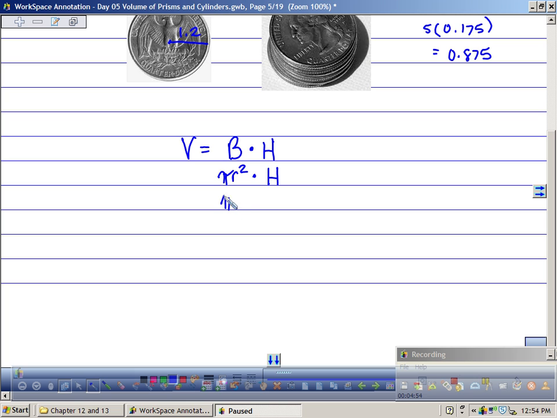So I'm going to put 1.2 in and square it, and multiply it by 0.875. This is 5 quarters. We already figured that out, right? We said 5 times 0.175 equals 0.875.